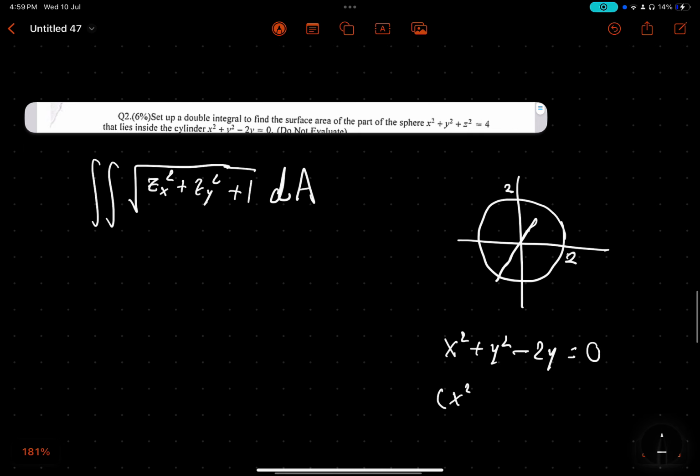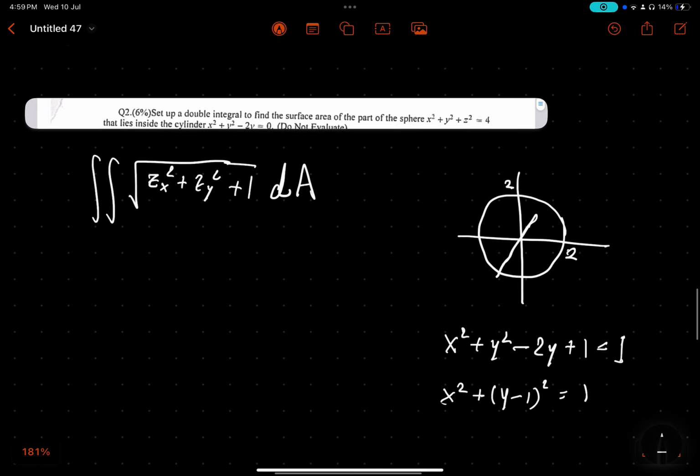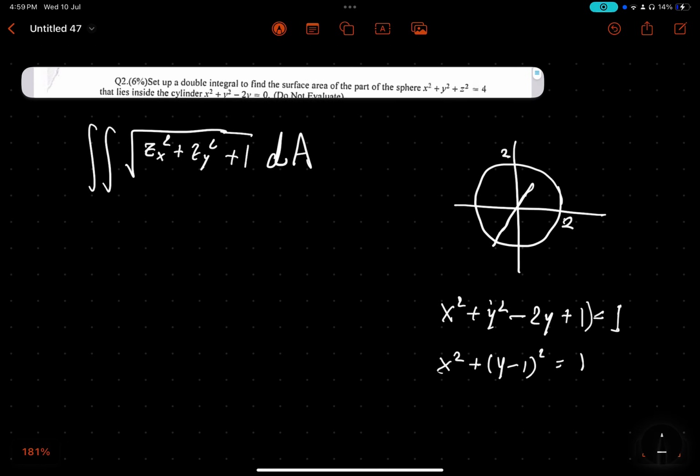Basically x squared plus y minus 1 all squared equals 1. So we actually add 1 here and 1 here, so like this, and then this is basically y minus 1 all squared.